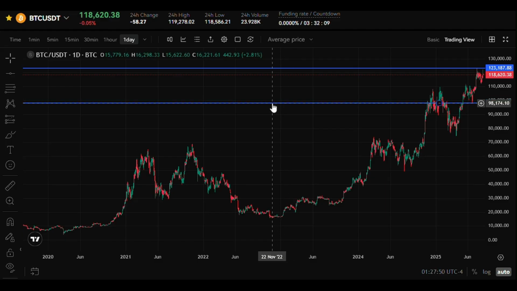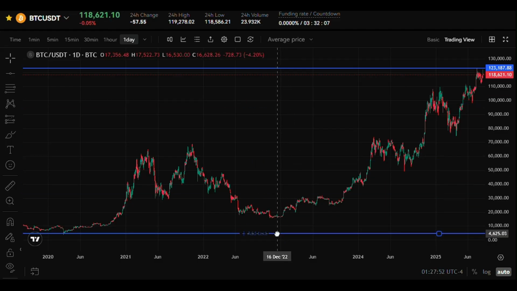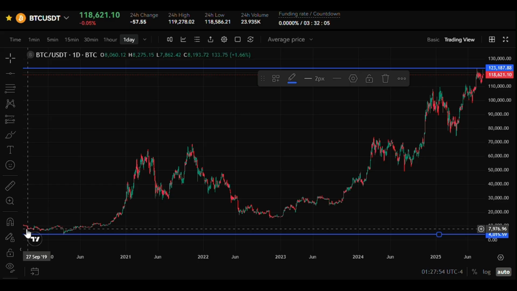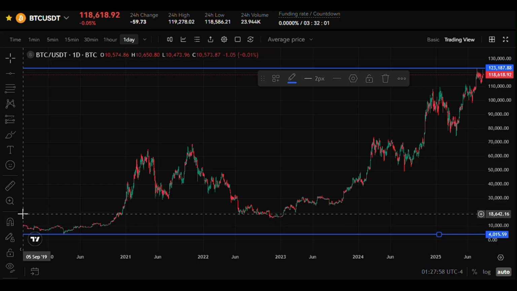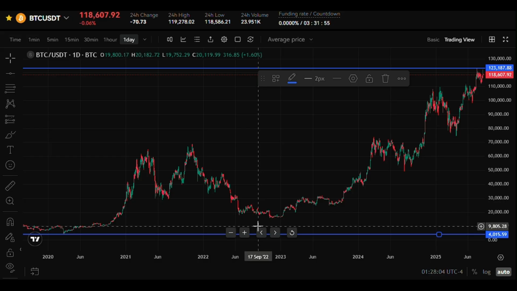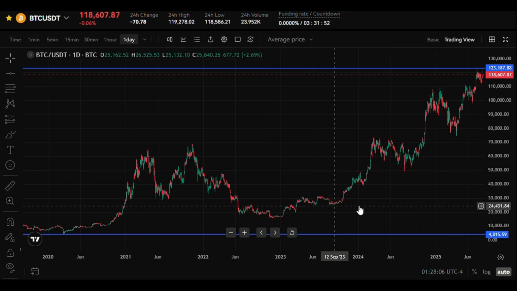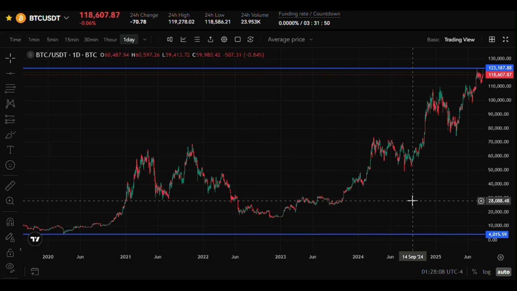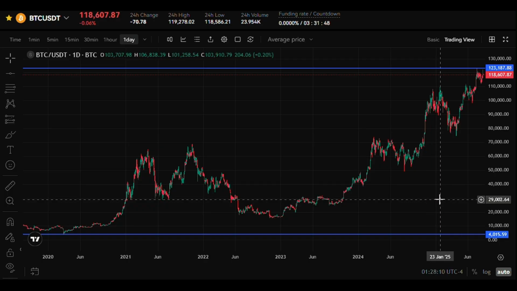Now look, this really paints a picture. We can go all the way back. This is October of 2019. Look at this. This paints a picture for you of what Bitcoin is doing. Let's highlight just this year, shall we?